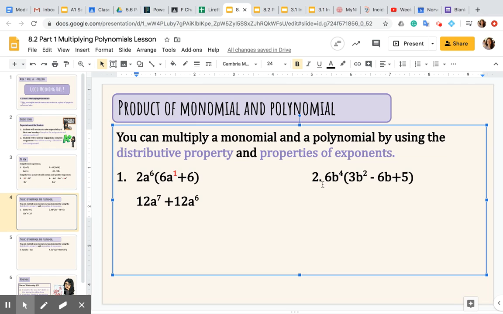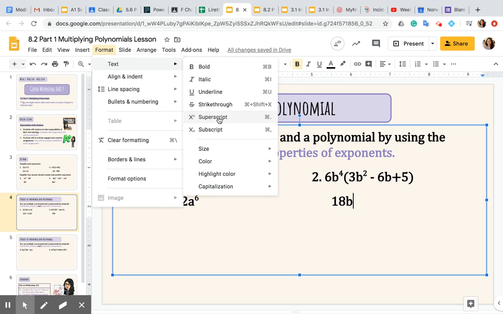All right, so same thing here. Anything that's a coefficient, you'll multiply. Anything that's a variable, you're going to add the exponents. 6 times 3 is going to give me my coefficient of 18. b to the power 4 times b squared is going to give me b to the power 6 if I add those exponents together.